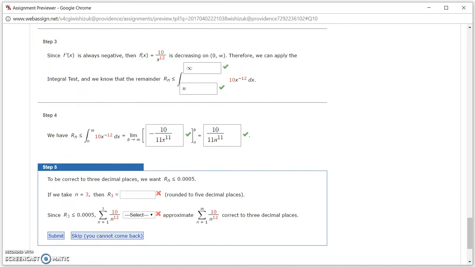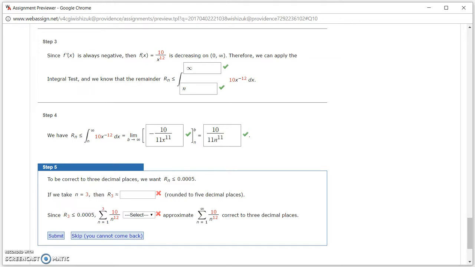Let's move on to step 5. To be correct to 3 decimal places, we want the error to be less than or equal to 0.0005. So we take n equals 3, then Rn is, okay, we plug in n equals 3 here.